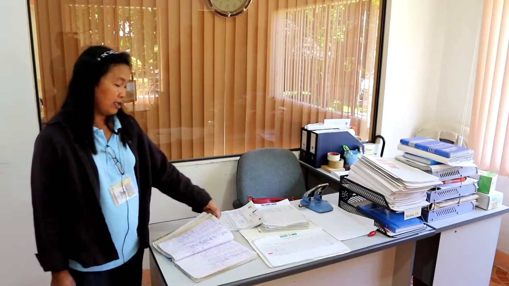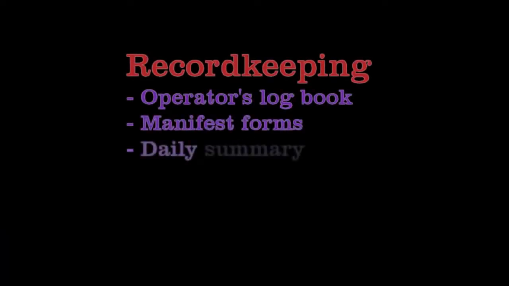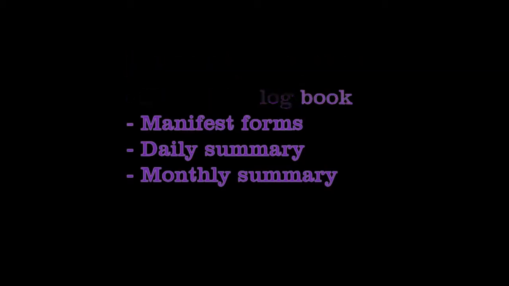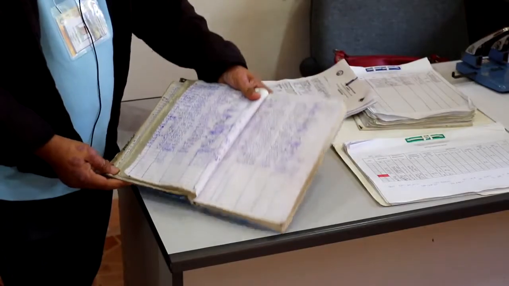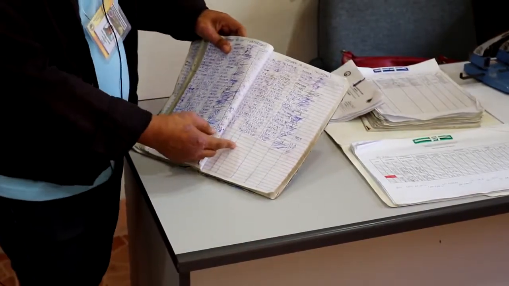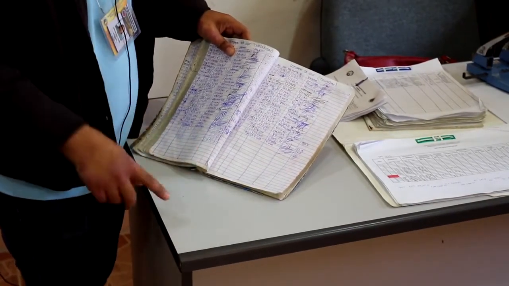This is how we receive the manifest form. The security guard will have to present a logbook for them to have the time. They have to put the time, and they have to sign the logbook by the time they arrive in the plant.